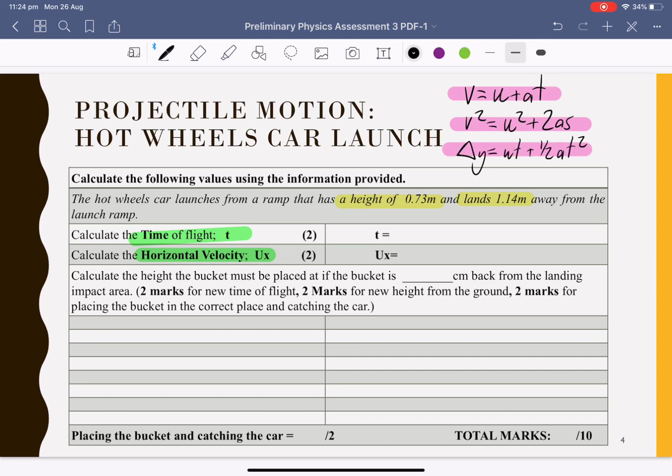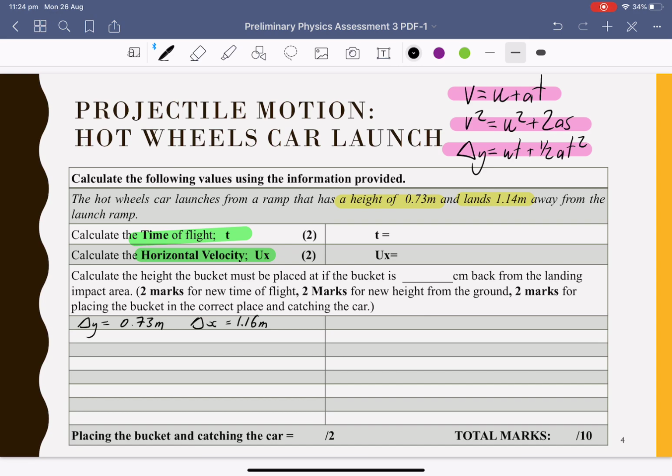The first thing we want to write down after we've done that is what actual values do we have? Well, we have the height, so we do have delta Y, and that equals 0.73 meters. We also have delta X, the range, and that is equal to 1.16 meters.